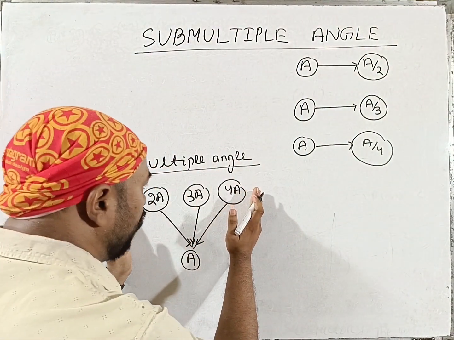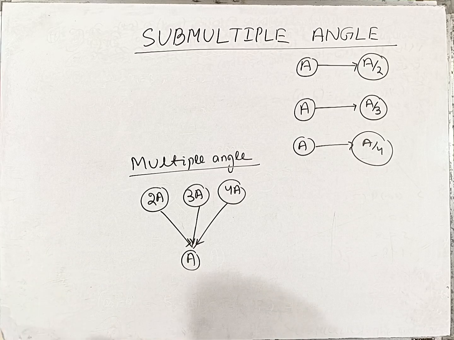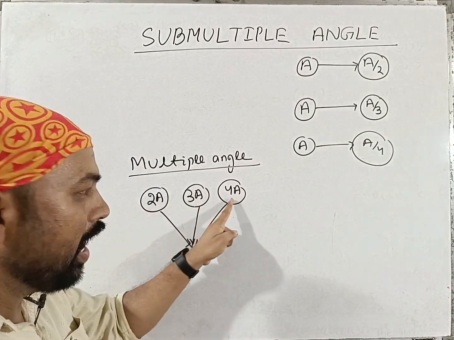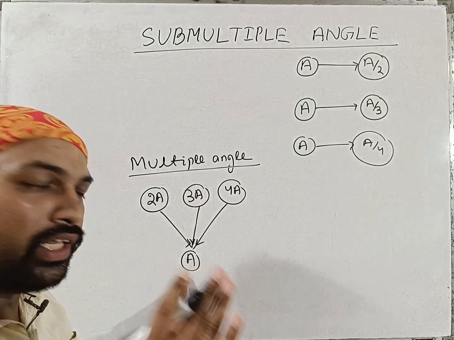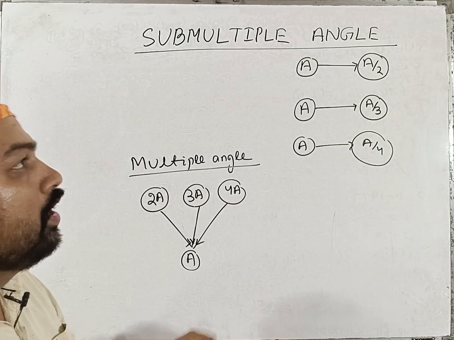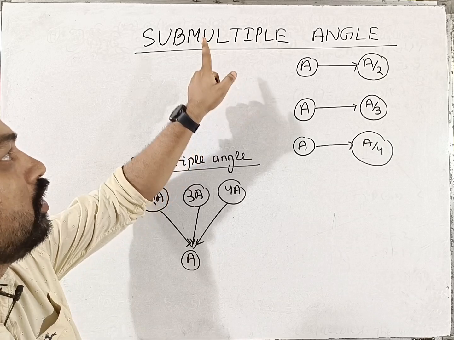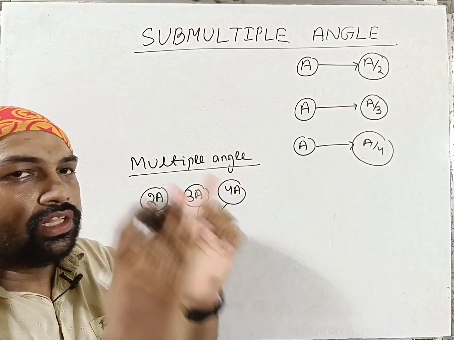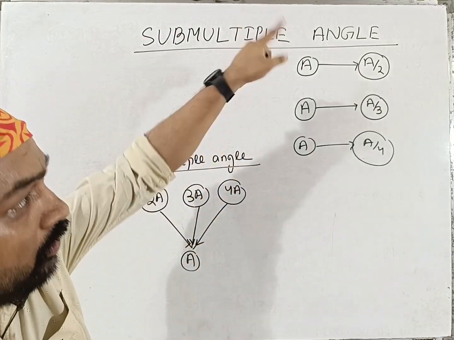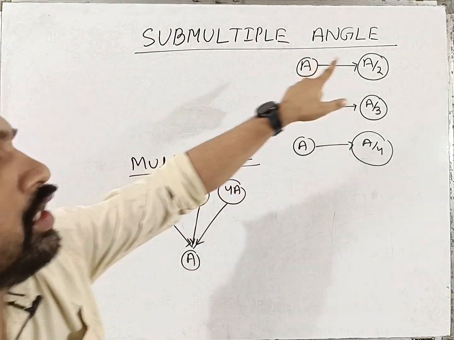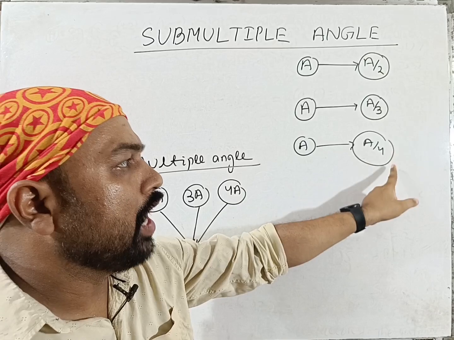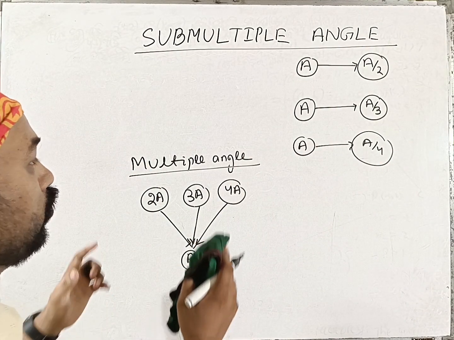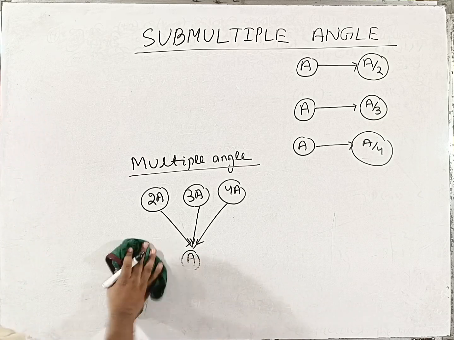In the topic of multiple angle, we expressed the trigonometric ratios containing the angle 2A, 3A and 4A in terms of the trigonometric ratios of the angle A. And here in submultiple angle, we are going to express the trigonometric ratios containing the angle A in terms of A by 2, A by 3 and A by 4. So let us discuss the topic of submultiple angle.